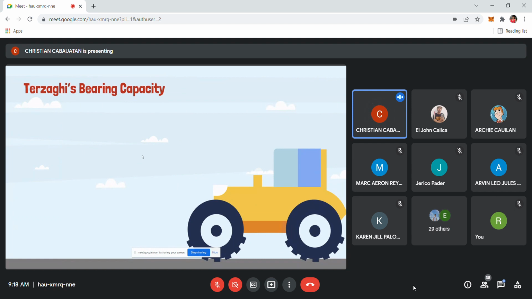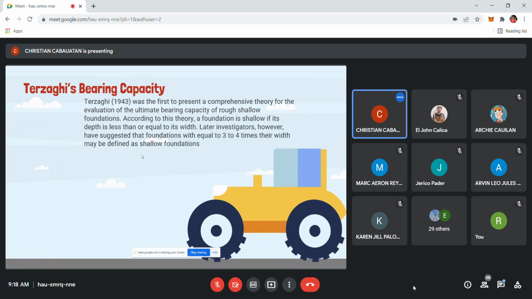So, what is the Terzaghi bearing capacity all about? Terzaghi, 1943, was the first to present a comprehensive theory for the evaluation of the ultimate bearing capacity of rough, shallow foundations. So, according to his theory, a foundation is shallow if its depth is less than or equal to its width, no? Parang yung kanina na-discuss na natin yan about the shallow foundation.